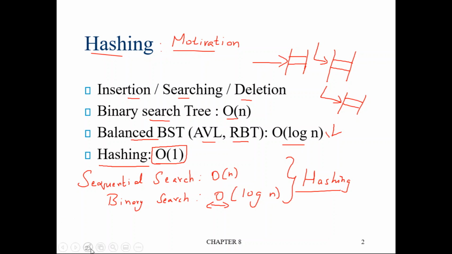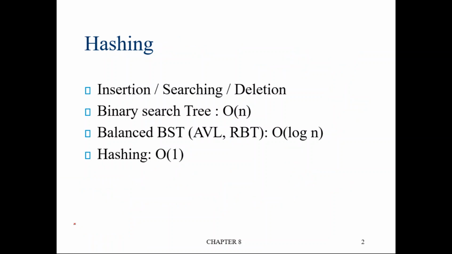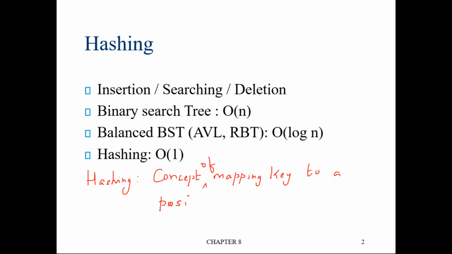So how do we define hashing? In the simplest terms, hashing can be defined like this: it is the concept of mapping keys to a particular position in the list or in the array.